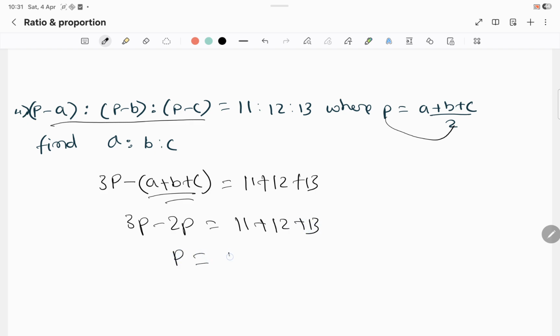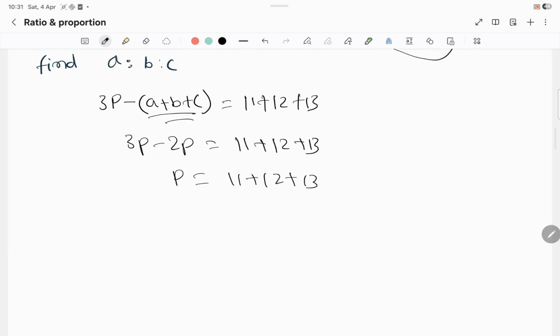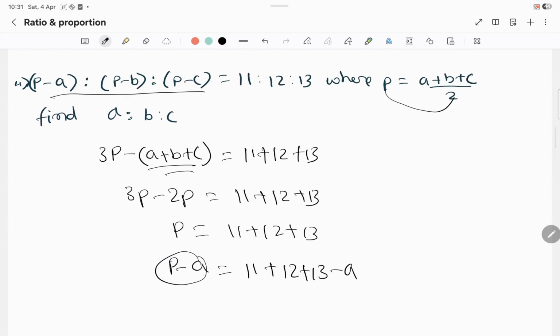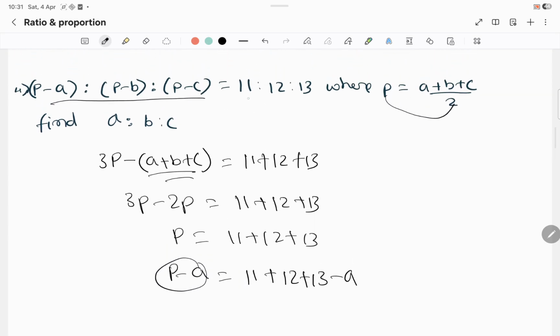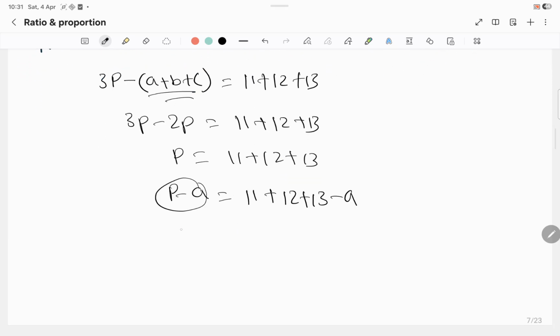So P is equal to 11 plus 12 plus 13. Let us see P minus A. P minus A is equal to 11 plus 12 plus 13 minus A. Now what is the P minus A value? P minus A is given as 11 parts. So if I substitute, 11 is equal to 11 plus 12 plus 13 minus A. 11 and 11 get cancelled. A is transposed to the left-hand side. A is equal to 25.